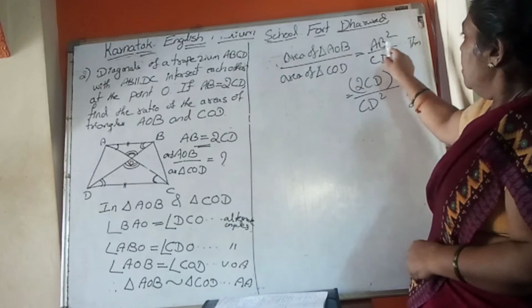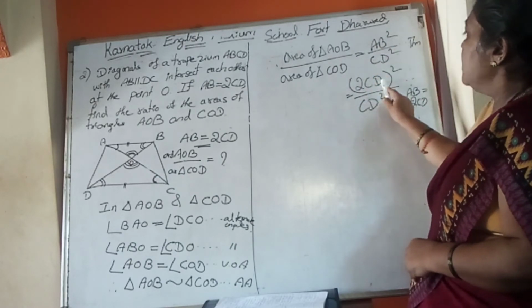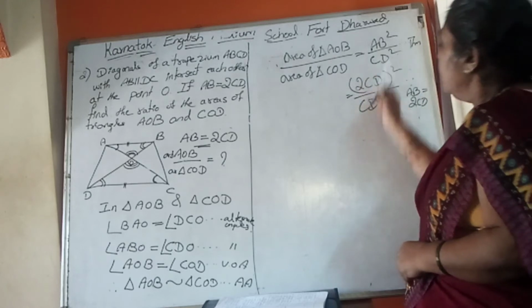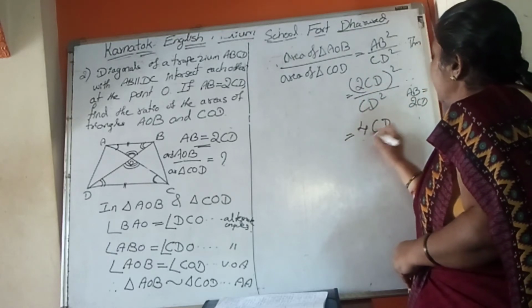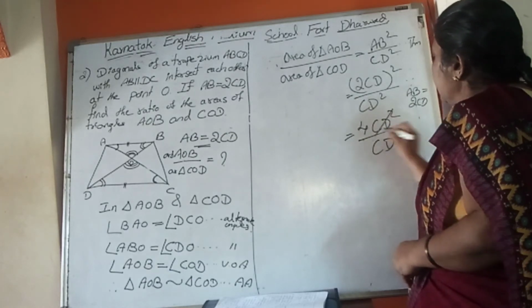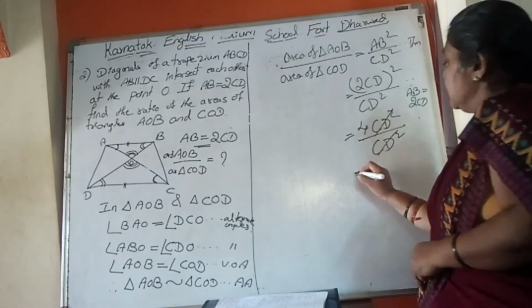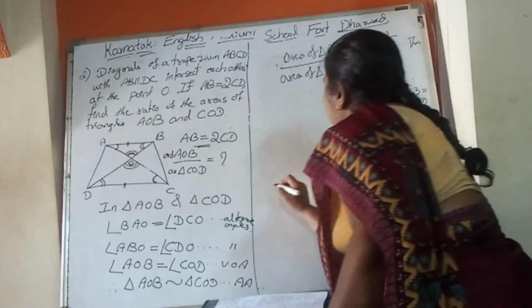So you substitute the value AB equal to 2CD. (2CD) whole square is equal to 4CD square divided by CD square. CD square gets cancelled. What remains here? 4 upon 1.